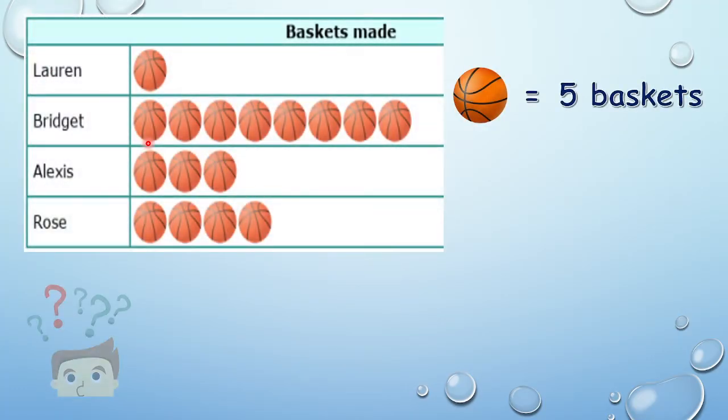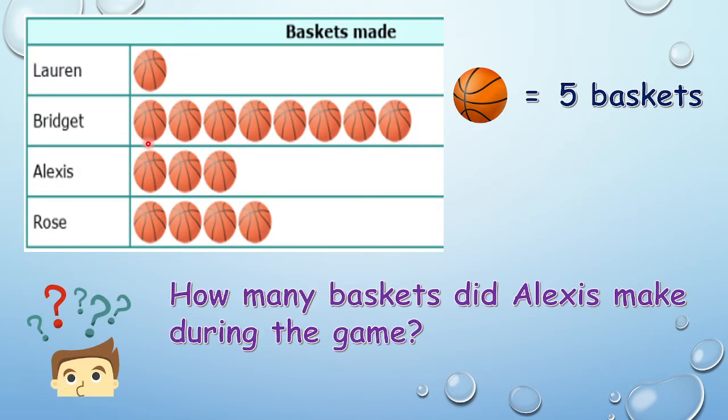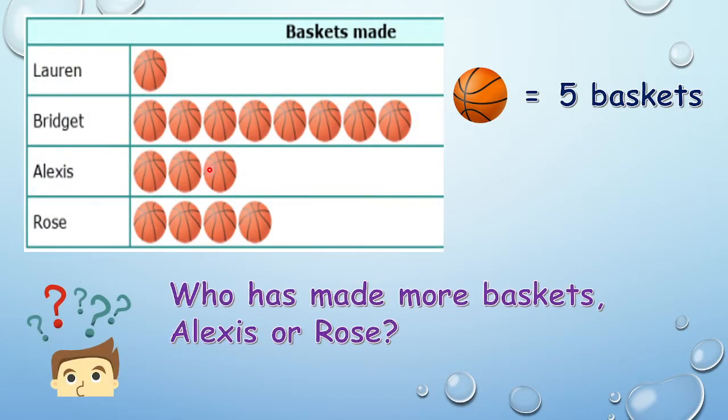Now let's have questions. The first one is, how many baskets did Alexis make during the game? 15 baskets. Alexis got 3 pictures, so this is 5, 5, 5. We have 15 baskets. Next. Who has made more baskets, Alexis or Rose?